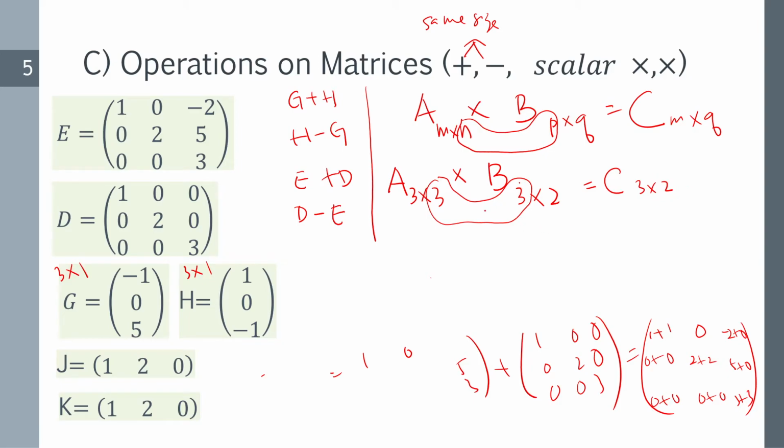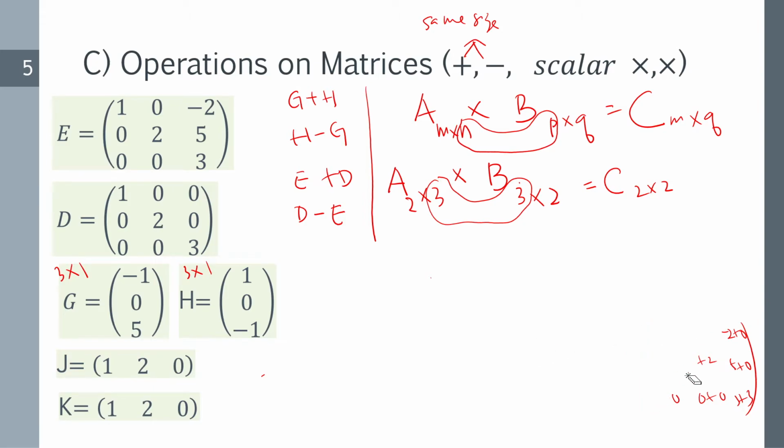Or if I change this, I have 2 times 3 multiplied by 3 times 2, the output is actually 2 times 2. So that is how you get the size for the multiplication of two matrices correctly. It doesn't matter what the size is, as long as the column and the row are equal.